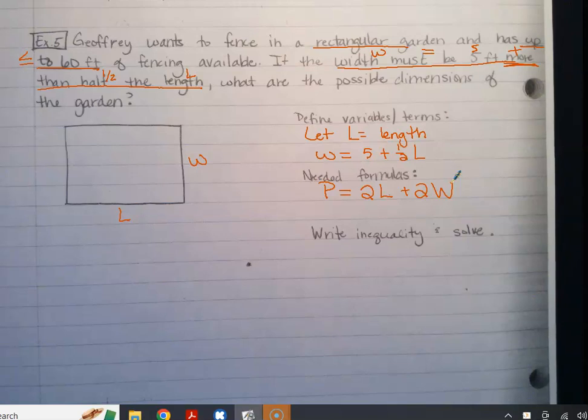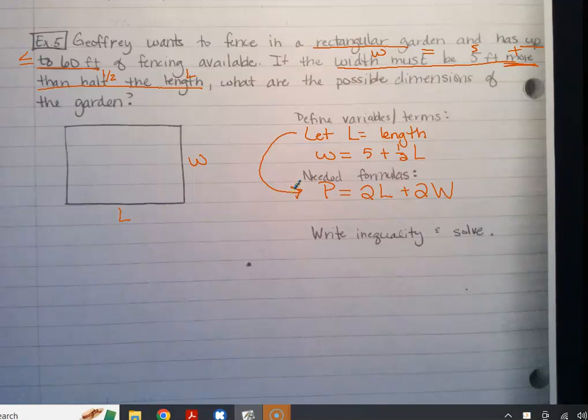Okay. So now we need to take our variables, these things here, and these are equations, and change it into an inequality. How are we going to do that? Do we know what our perimeter is? Yes, 60. Okay. Now this is the hard part.